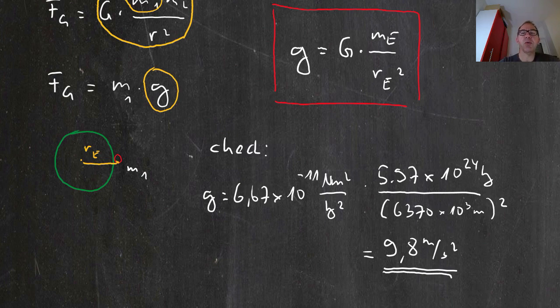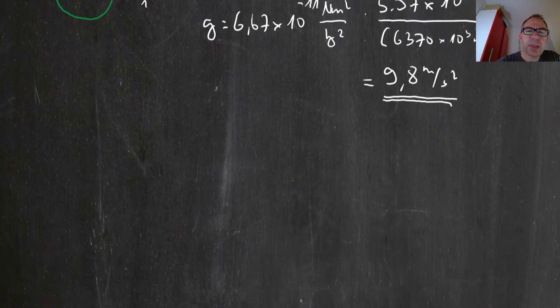This same idea also works for Mars, for example, if you take the mass of Mars and the radius, or for Jupiter, or for any other object. This g value is not the same all over the planet.